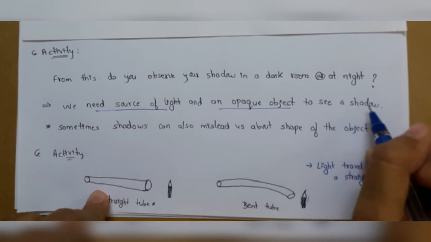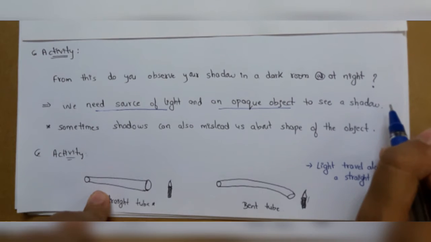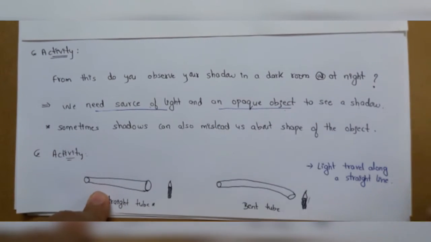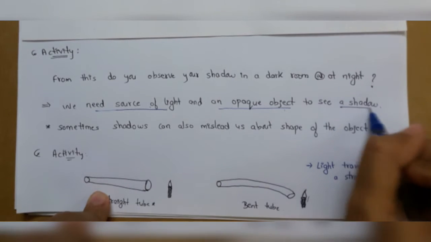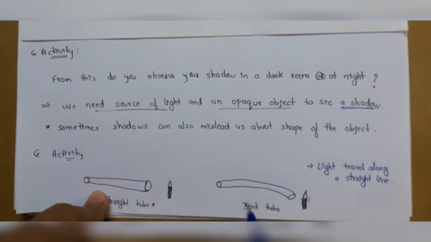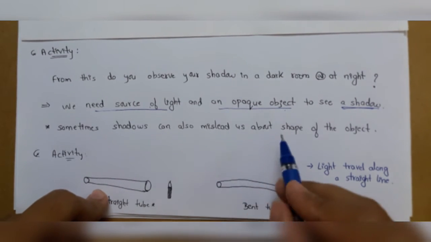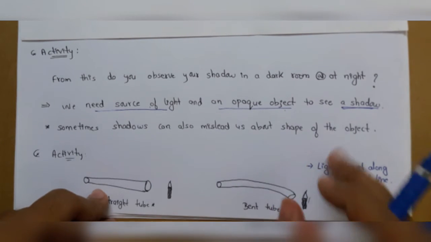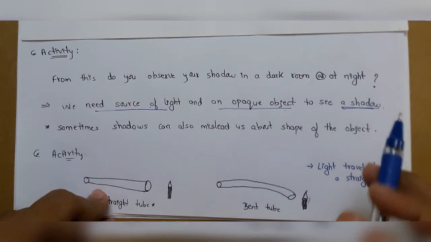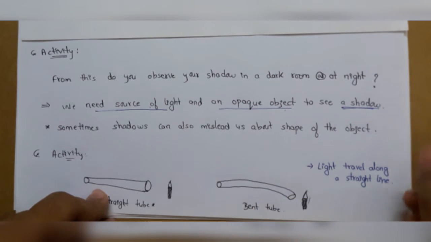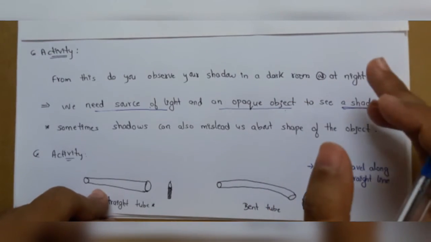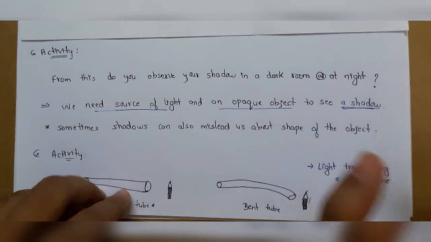So from all this activity we can finally conclude that a source of light and an opaque object are necessary to get a shadow. Sometimes shadows can also mislead us about the shape of an object. For example, suppose you are in a dark place and you see a rope. In a dark room, sometimes that rope is visible to you like a snake.